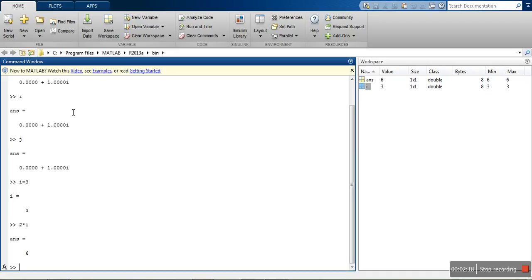Let's see first for a different variable a, which we haven't defined. It will obviously show an error because a is not defined, so we are defining a as 3.